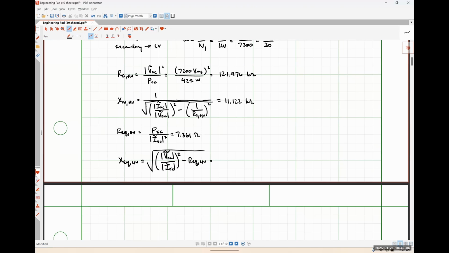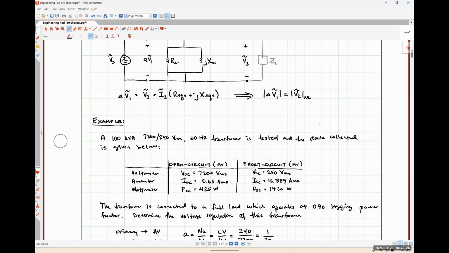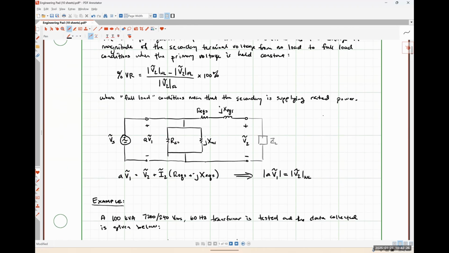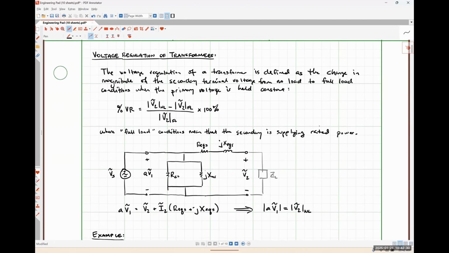And from this, we get 16.426 ohms. So let's look back at our equation here, okay?